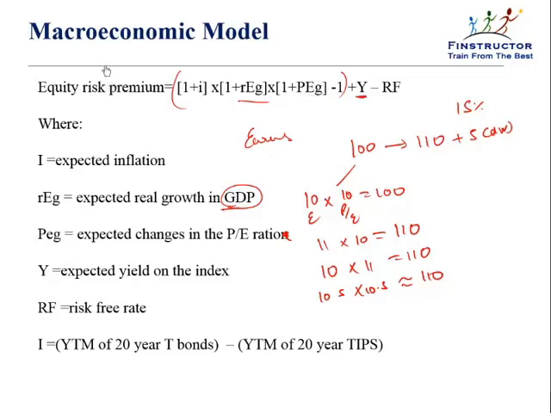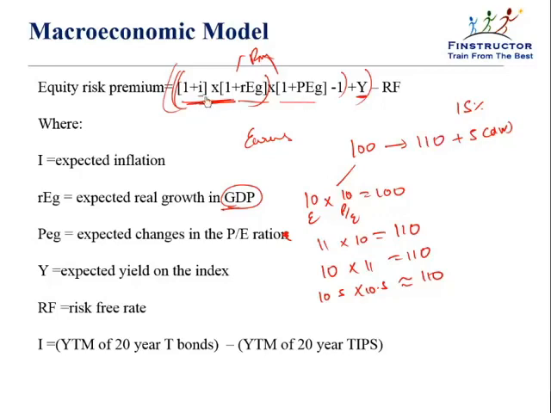So the macroeconomic model says that the return on the market can be estimated as capital appreciation plus dividend yield. Capital appreciation can be broken up as the earnings growth plus the increase in PE ratio or the increase in valuation multiple.